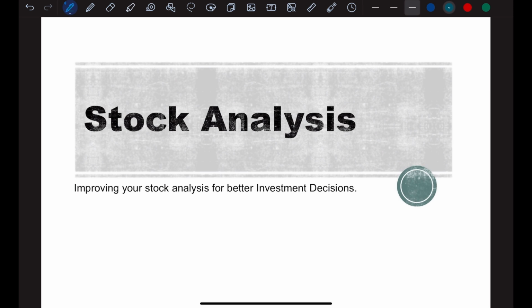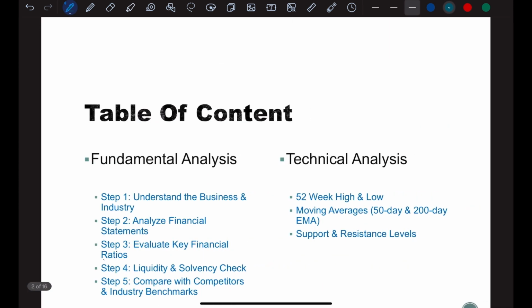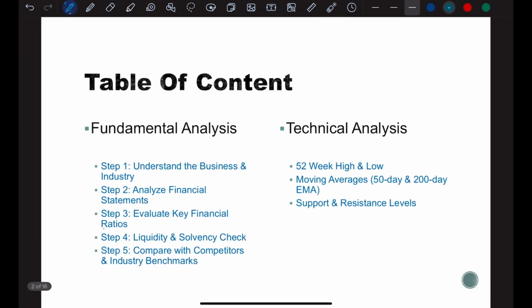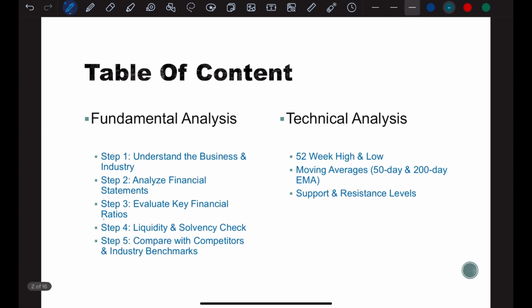In today's video, I am going to break down the 5 essential steps of fundamental analysis, the process used by a smart investor to evaluate a company's financial health and future growth potential.